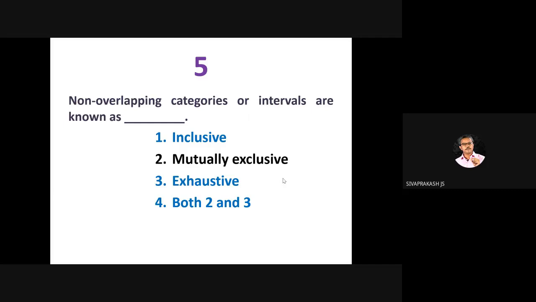X is age, and frequency is the number of atoms. Number of atoms: 5 atoms, 10 atoms, 12 atoms, 15 atoms. In this, 20 and 21 is mutually exclusive.